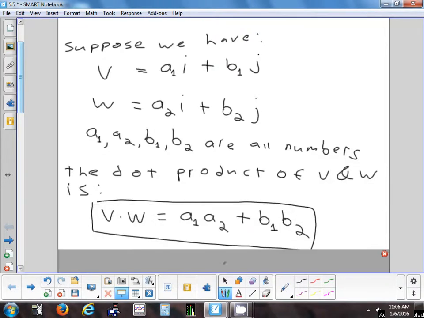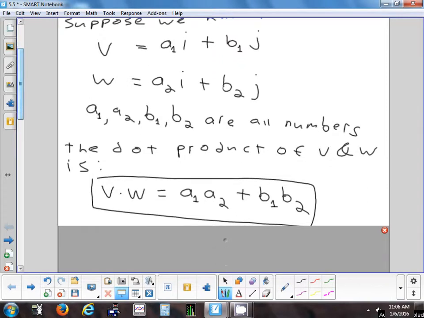To find the dot product, there's a very simple formula. All you do is take your 2 horizontal components, a1 and a2, multiply them together. Take your 2 vertical components, b1 and b2, multiply those together, and then add those 2 answers. And that's it. That's a dot product.